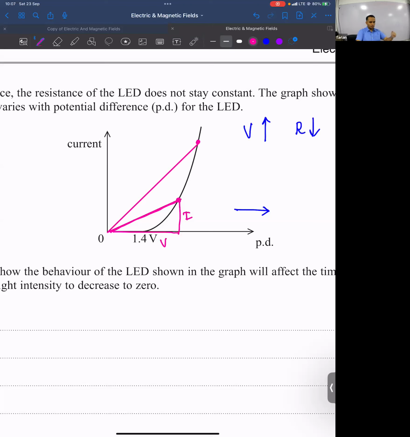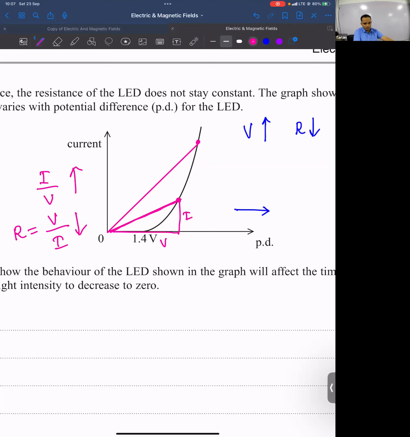So when the voltage is increasing, the I over V ratio is increasing. I over V ratio increasing means V over I ratio will be decreasing, which means R, equal to V over I, is decreasing. So when the voltage is increasing, the resistance is decreasing.